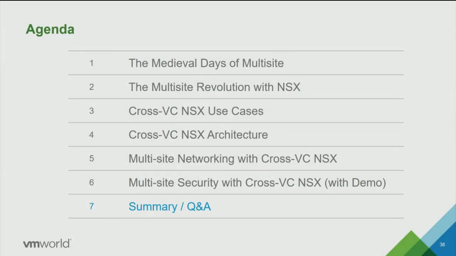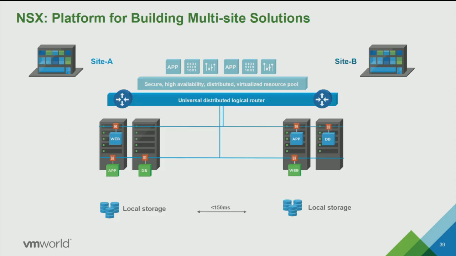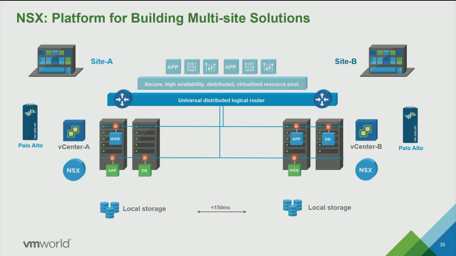And in summary, what I want to say is really what we're achieving here with Cross vCenter NSX. What this is providing you is basically a platform for building multi-site solutions. So you start with your vCenter, your NSX manager, right? You have a foundational solution here that provides you inherent capabilities. But now you have a platform on top of that, as I'll show you in part 2.